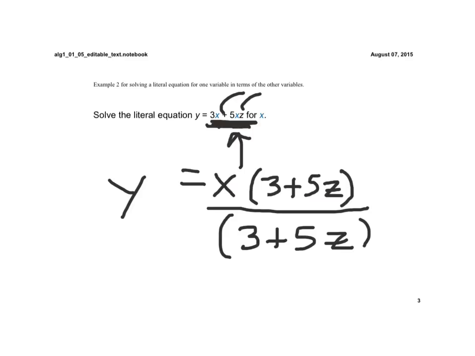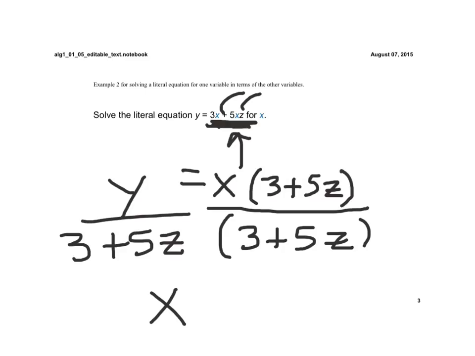So we'll divide both sides by that sum of 3 plus 5z. So then our final answer is x equals y all over 3 plus 5z. And there's our final answer.